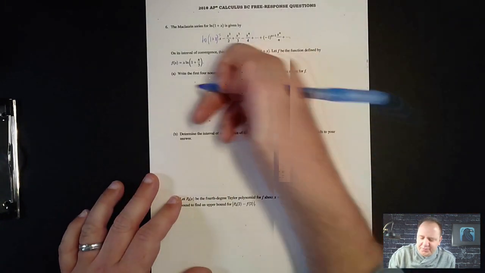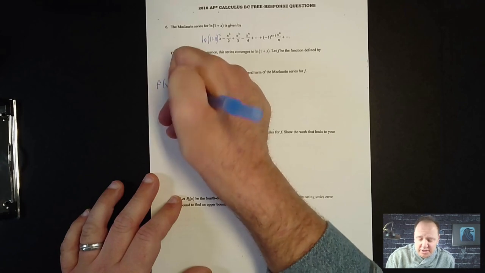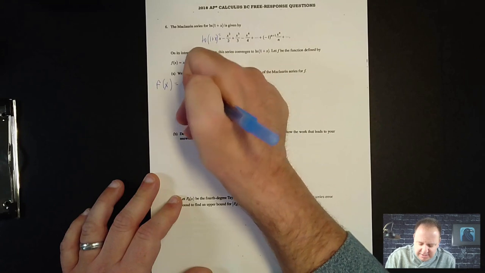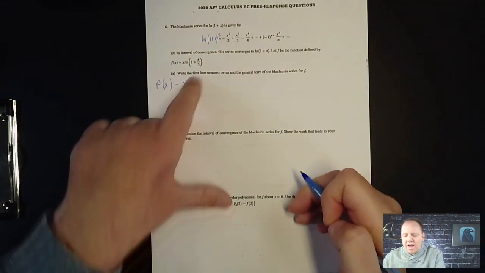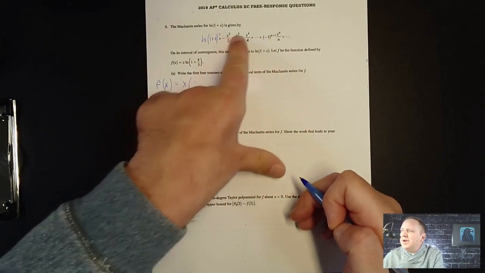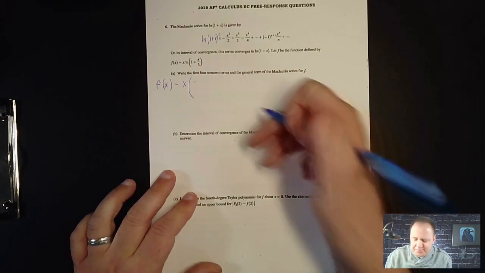All right, here we go. Let's build it first. I think you're going to see some patterns coming here where we're going to manipulate the series they gave us by taking x times the series, and anywhere I see an x, I'm going to plug in x over 3.